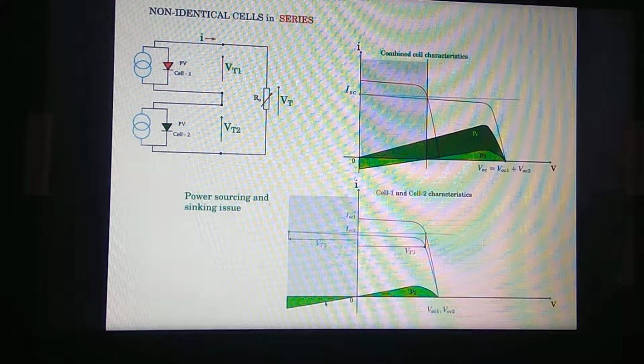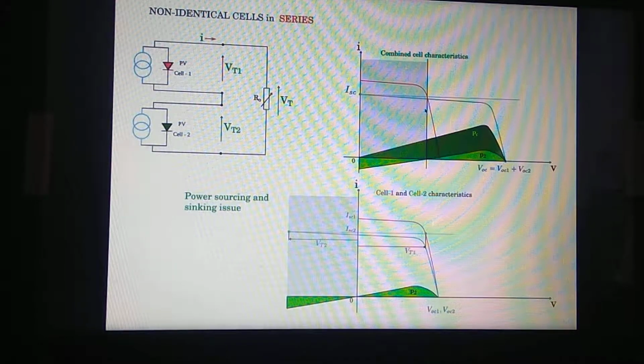And the second quadrant is not a sourcing quadrant, it is a sinking quadrant. Only the first quadrant is a sourcing quadrant. So if the operating point of a cell is in the first quadrant, then it is a source. Otherwise, it is a sink. That is what is happening to PV cell 2.